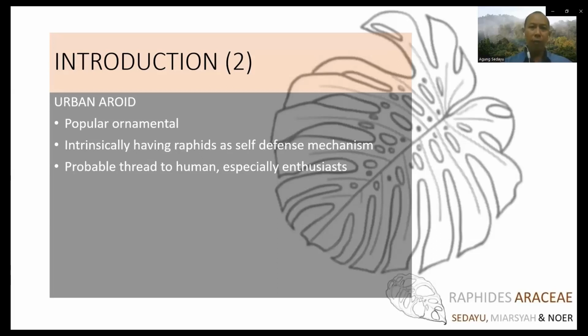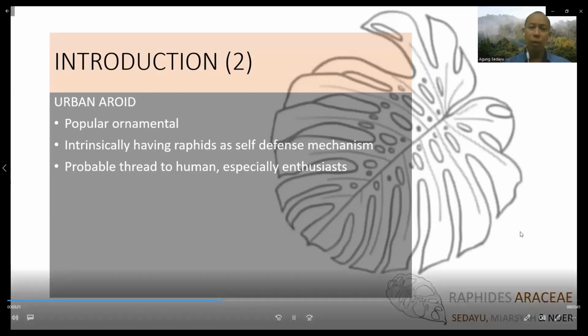And these raphids are a probable threat to humans, especially to hobbyists and enthusiasts who enjoy aroids as their hobby. During the pandemic, COVID-19, these past 2 years, the aroids are very popular.